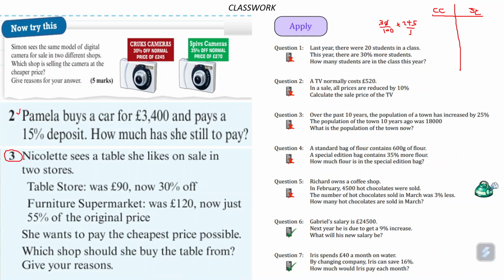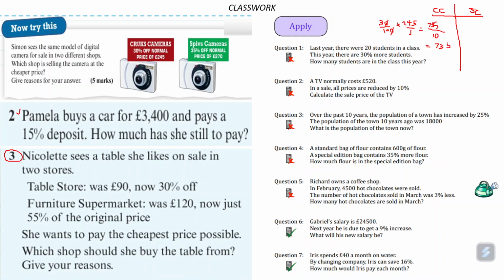So the zero will cancel out this. You multiply 3 times 245, and we'll be having 735 divided by 10 times 1, which gives us 10. If you divide this manually, you'll be having 73.5.